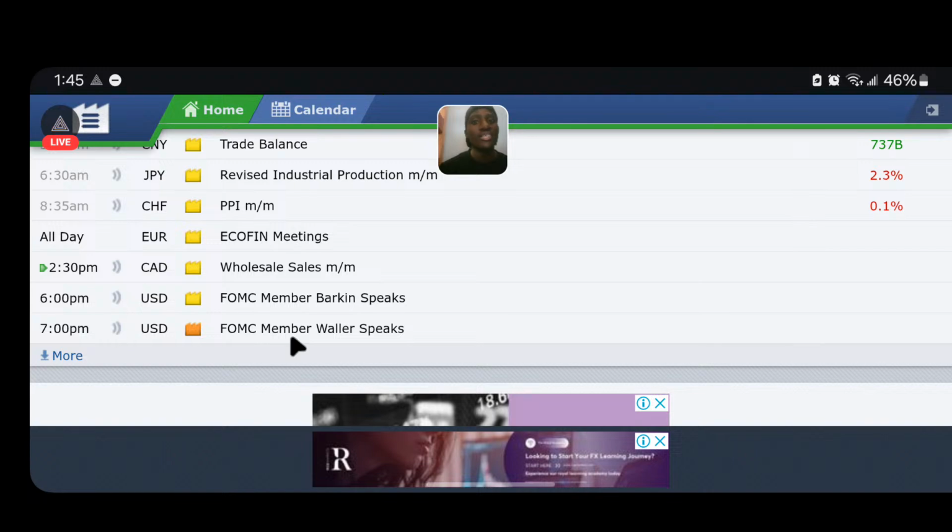Then at 7 there's also a speech. Nothing too crazy, but I'm sure we should be expecting volatility late in the New York session, right?